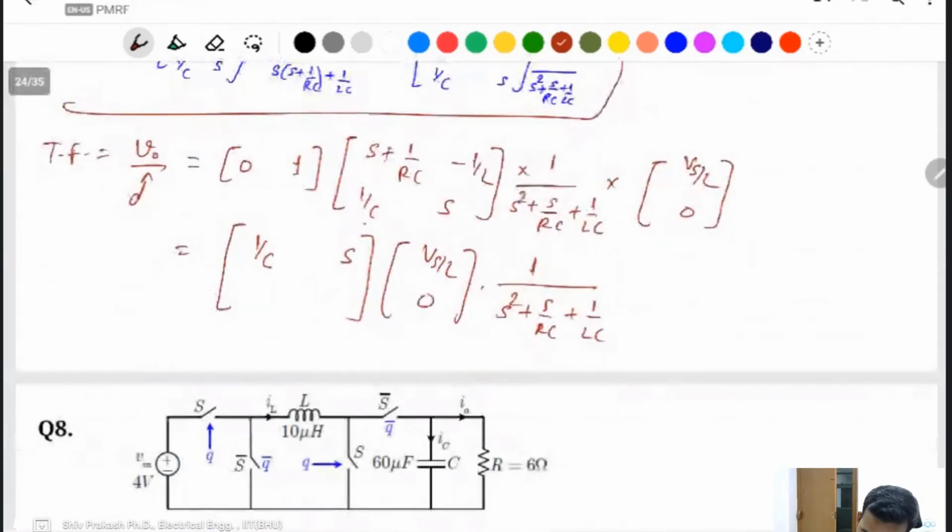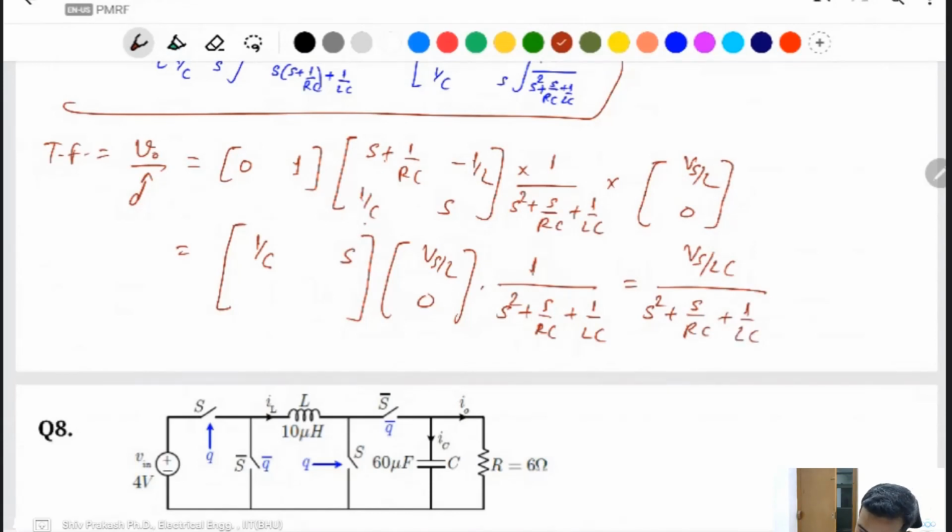Multiplying this, we find Vs divided by LC over S square plus S divided by RC plus 1 by LC.